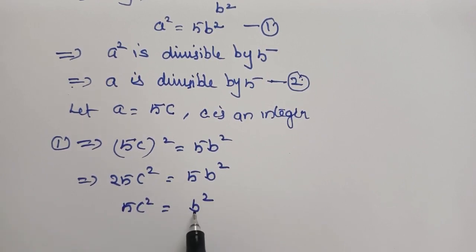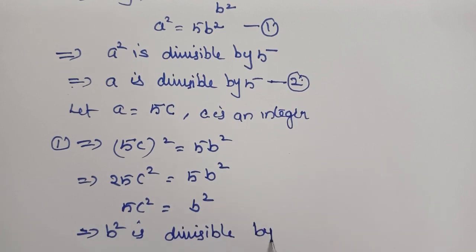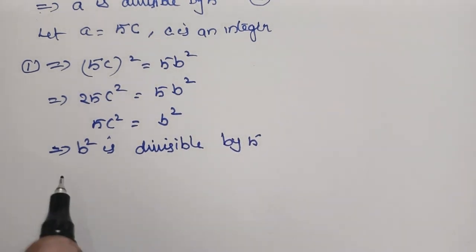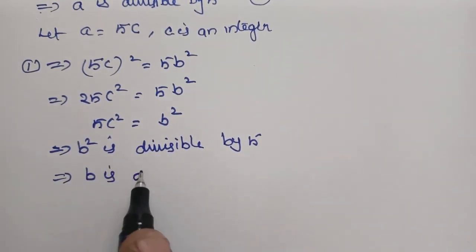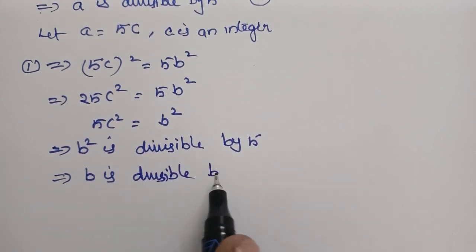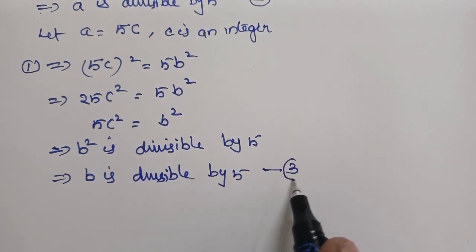That means b square is a multiple of 5, or b square is divisible by 5, which implies b is divisible by 5. We can number this result as 3.